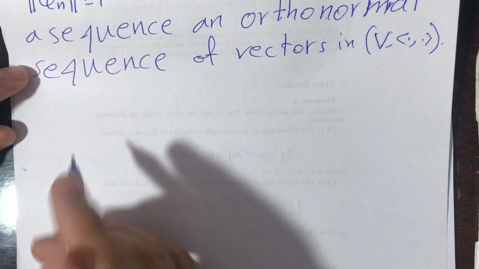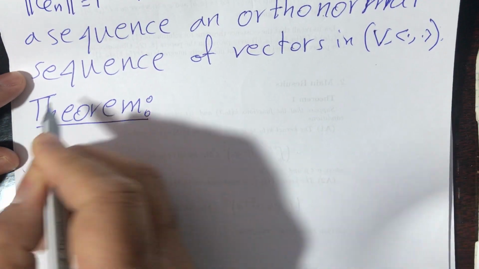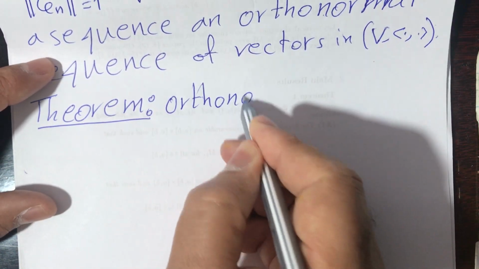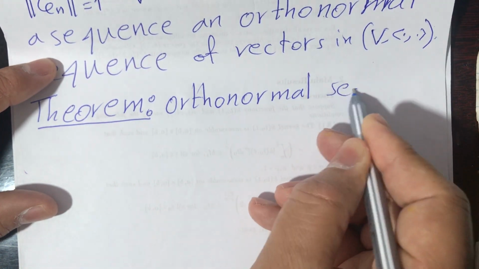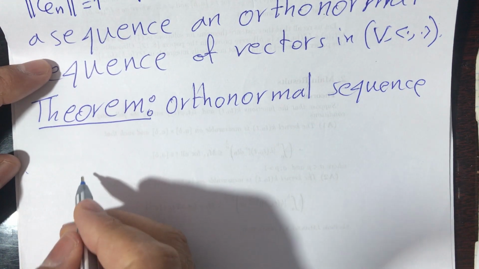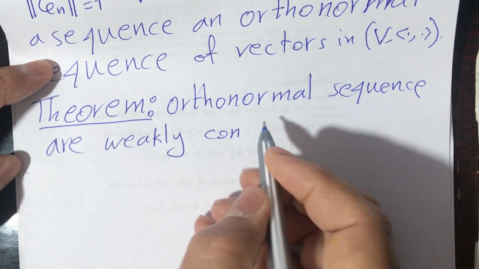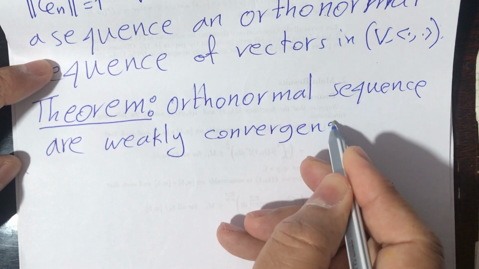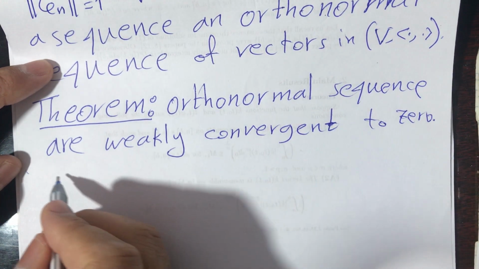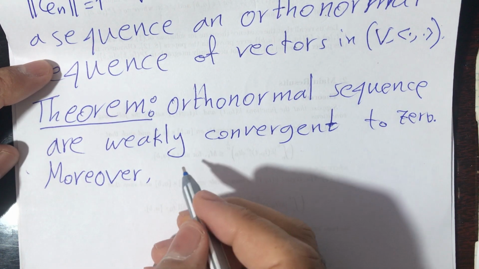I have a theorem now. Orthonormal sequences are weakly convergent to 0. Moreover, they are bounded.